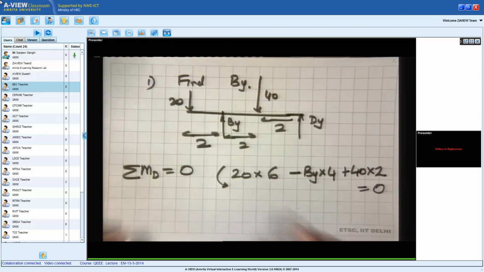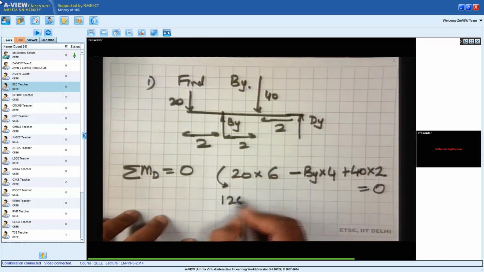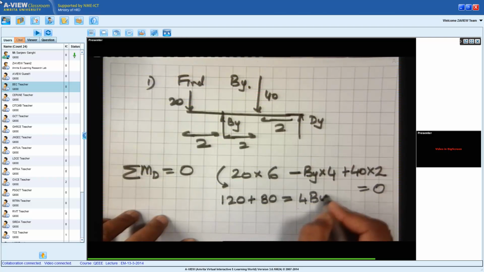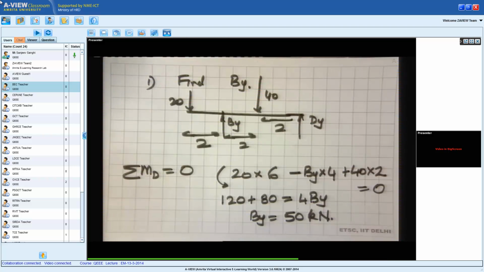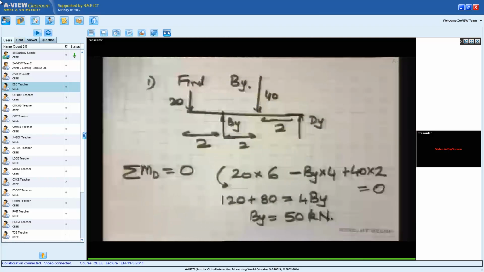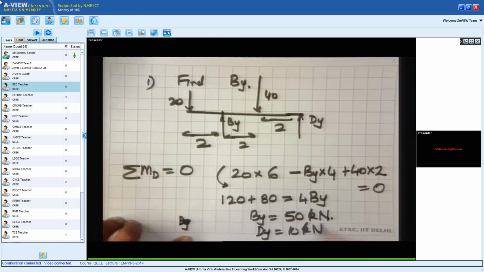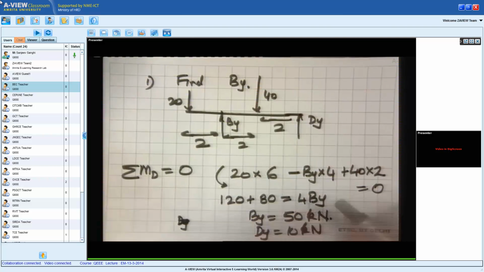That gives 120 plus 80 equals 4 By, so By is equal to 50 kilonewtons. And if By is 50, you can easily work out Dy will be 10 kilonewtons. This comes from sigma Fy equal to 0.